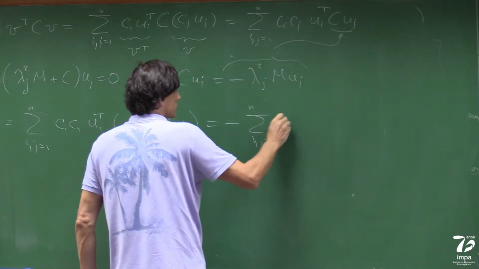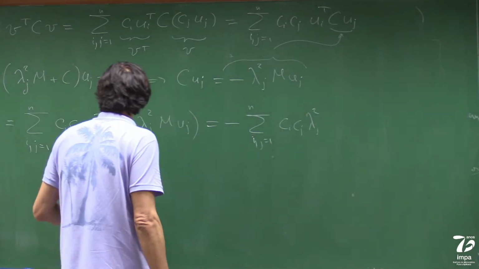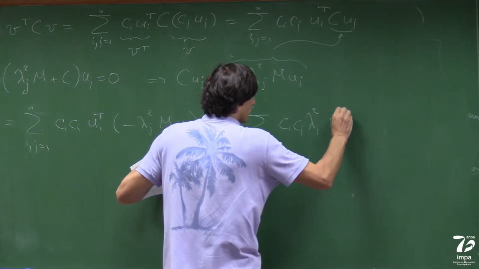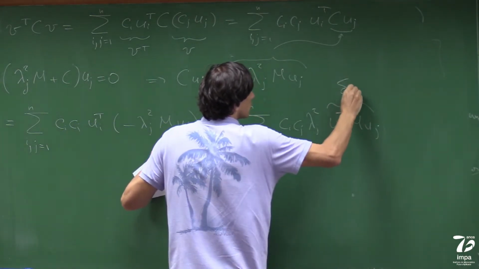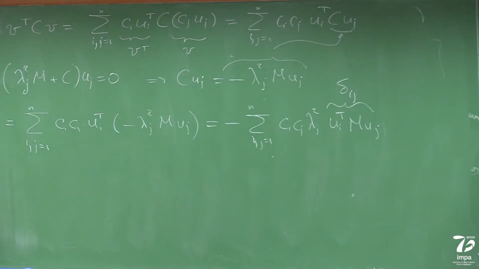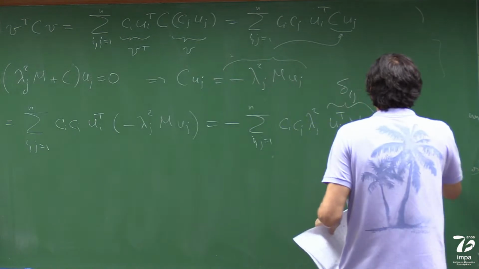This will be minus ci cj lambda j squared ui^T M Uj, and this is the Kronecker delta by the choice of eigenvectors. So it means that it's a sum when i equals j.